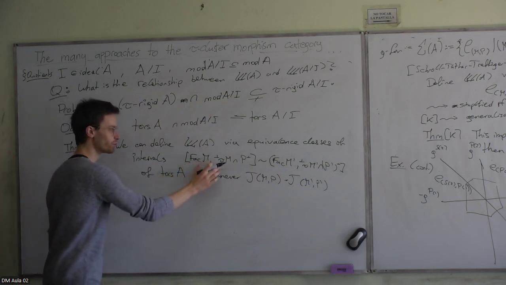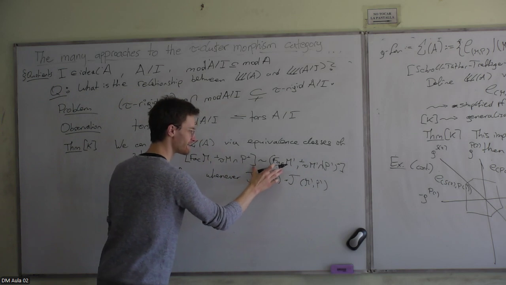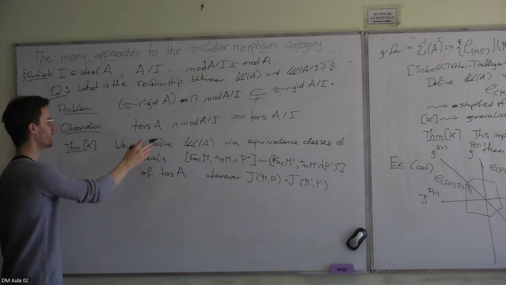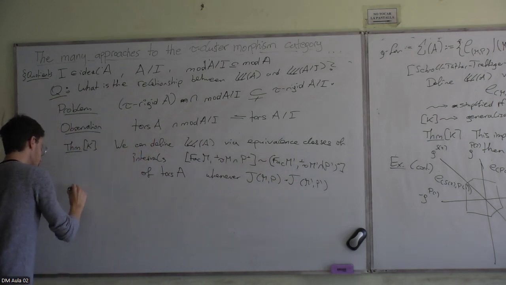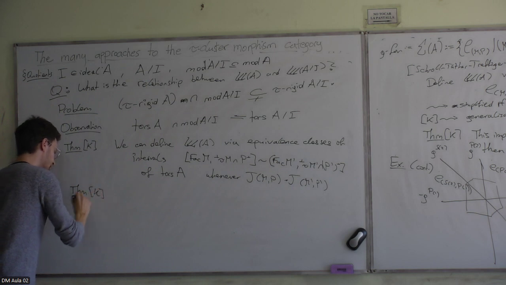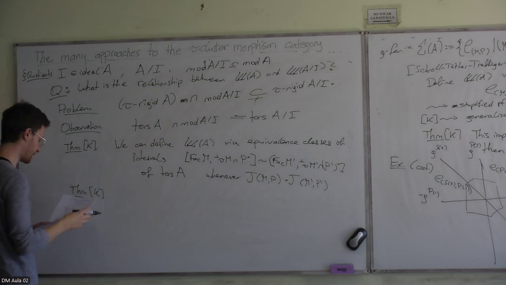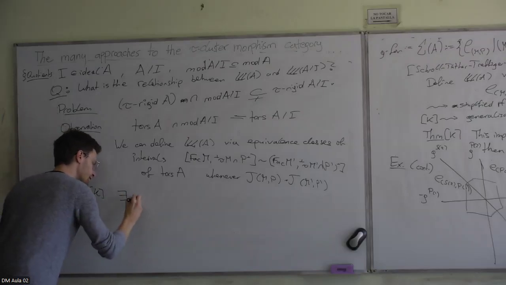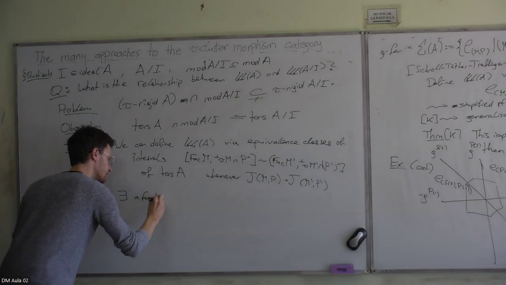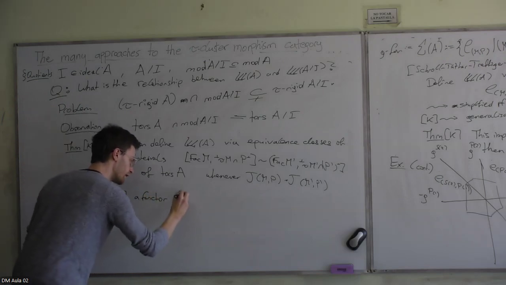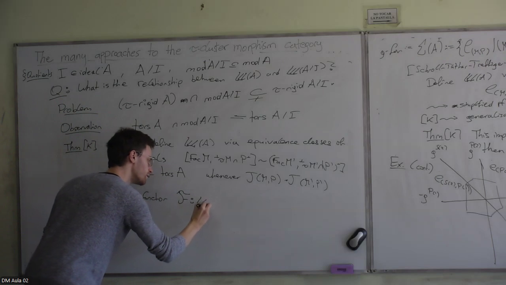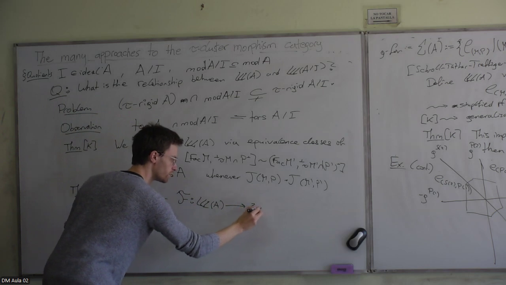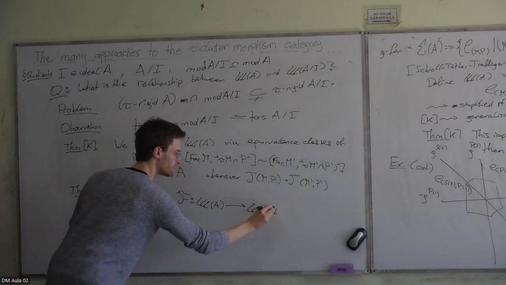But the crucial thing is not that this is such an insightful new definition, but that because of this observation, it has quite powerful implications. As a corollary, what follows from defining it like this, with a bit of extra study, is that there exists a functor, let's call it F, from the tau-cluster morphism category of A to the tau-cluster morphism category of the quotient.